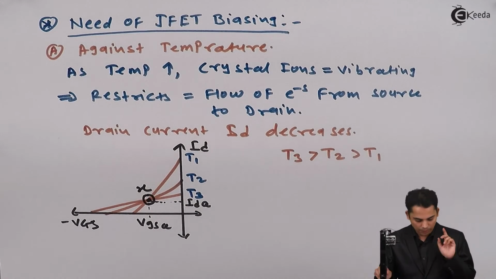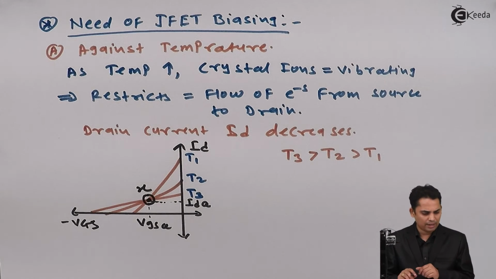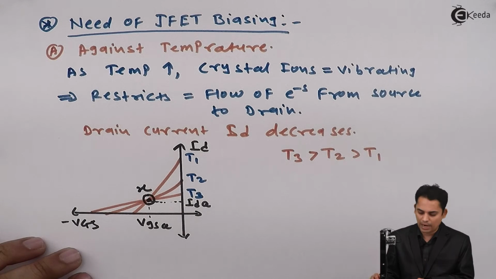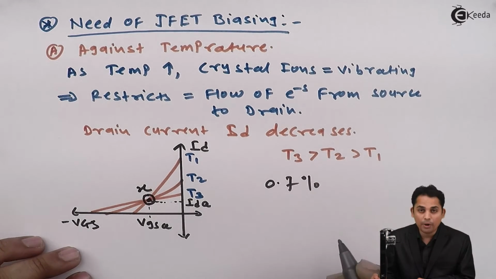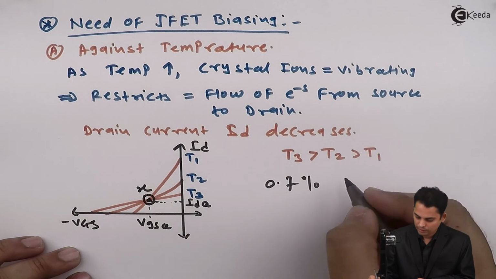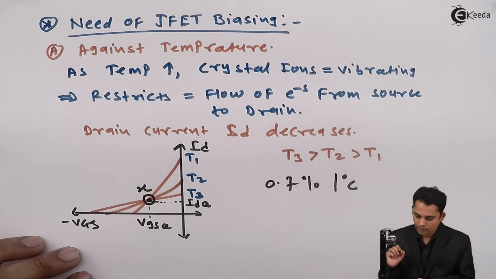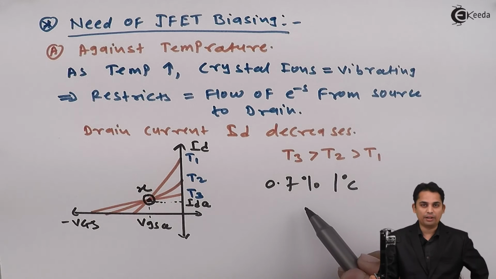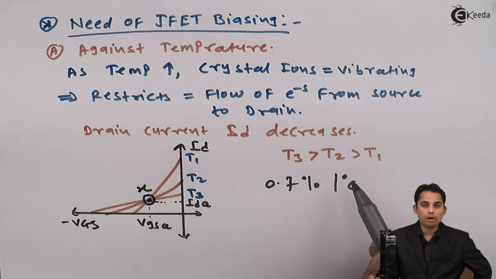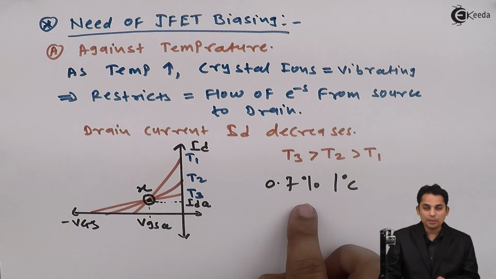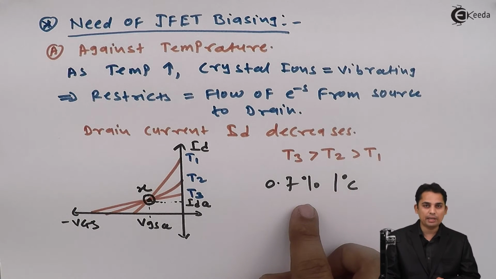Similarly, we can write that the drain current decreases by 0.7% per degree Celsius. That means as temperature increases by 1 degree Celsius, the value of drain current decreases by 0.7%.